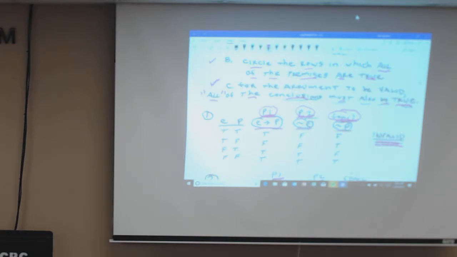Not play. So I have 2 variables here, E and P. And what are my possibilities? True and true, true and false, false and true, false and false. You got that? Just like the and the or and the if then.